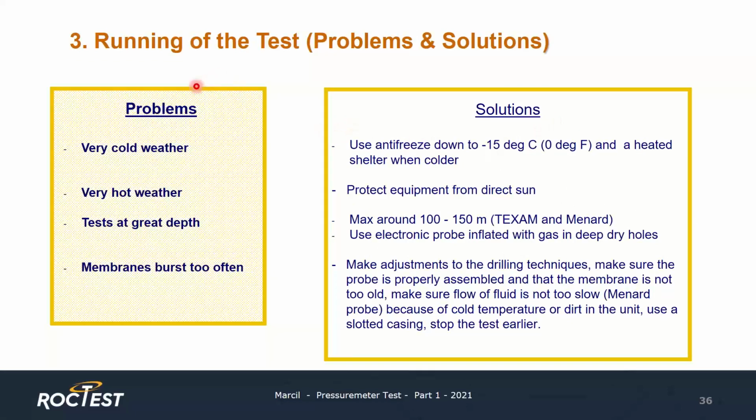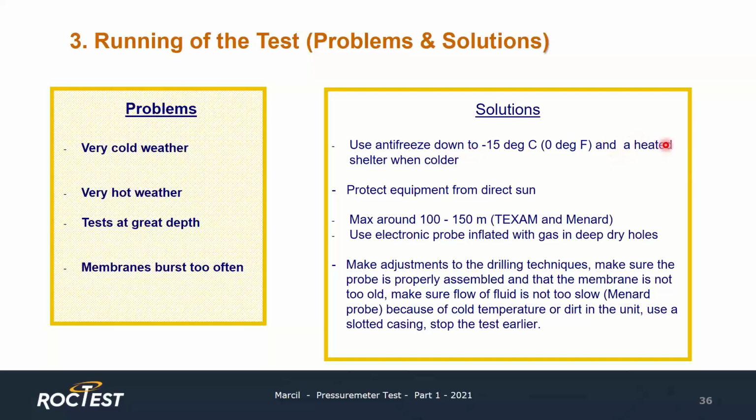And now a few typical problems and solutions related to the pressuremeter test. First, is it possible to run a test if it's getting very cold? And that's the main issue here in Canada. Yes, it's possible, but of course you need to use antifreeze if you don't want to damage the unit.